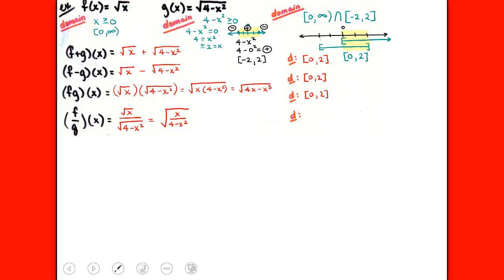Okay, so when I look at my quotient, if my denominator cannot equal 0, we've already taken into account that this radical has to be greater than or equal to 0, and this radical has to be greater than or equal to 0. We've dealt with the radicals. The new thing that I have to deal with is that my denominator can't equal 0.